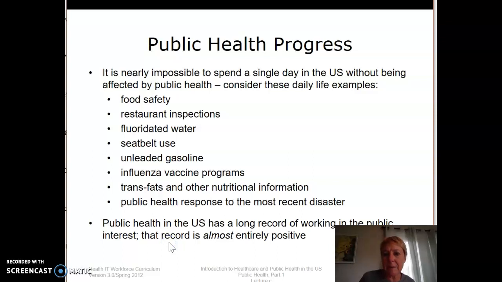Other progress that happened, they say it's impossible to spend a single day in the U.S. without being affected by public health. So these are things public health monitors: food safety, they do restaurant inspections, they monitor fluoridation of water, seatbelt use education, use of unleaded gasoline, flu vaccine programs, nutritional information, and public health responses to disasters.